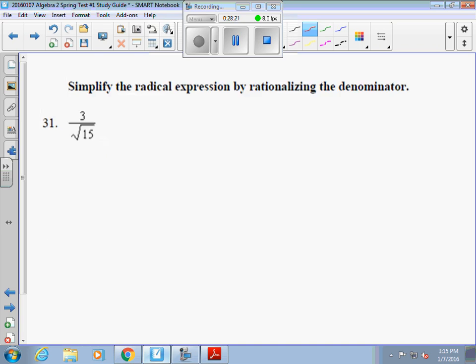31 says simplify this one by rationalizing the denominator. You cannot have a radical at the bottom of a fraction. In order to get rid of it, you multiply whatever that is, the square root of 15, and you do it over itself. The square root of 15 over the square root of 15. When you multiply straight across, 3 times the square root of 15 is going to be written just like that, since there's no perfect factors in 15, over the square root of 15 times the square root of 15.